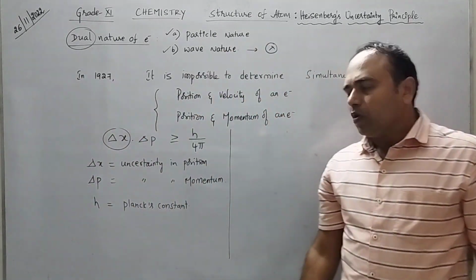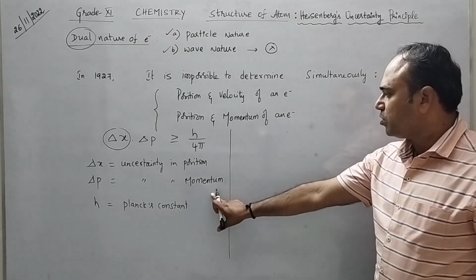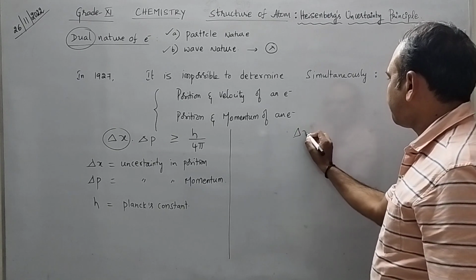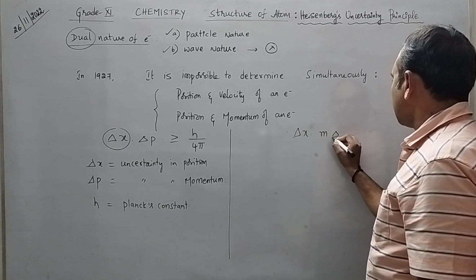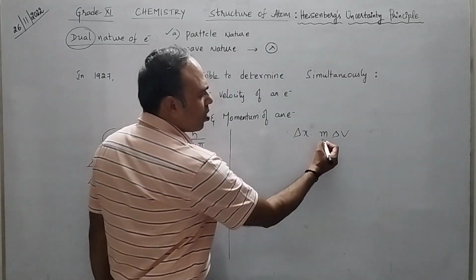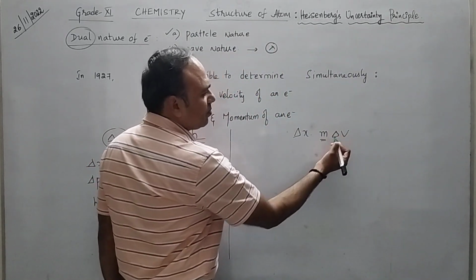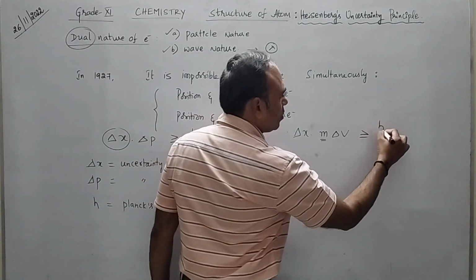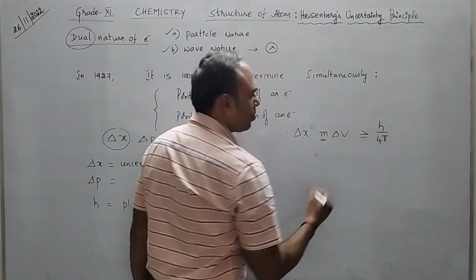Now when you are equating with momentum, we know that momentum is equal to mass into velocity. We can write like this: delta x into m delta v. Why have we written m here? Because m is constant, so delta v is nothing but uncertainty in velocity, is greater than or equal to h by 4 pi.